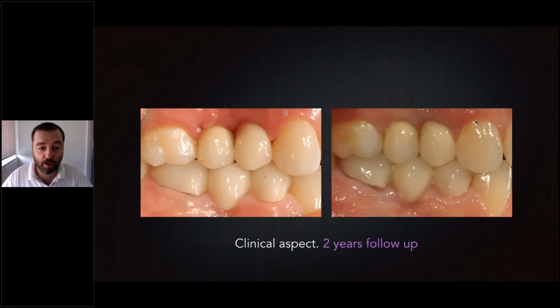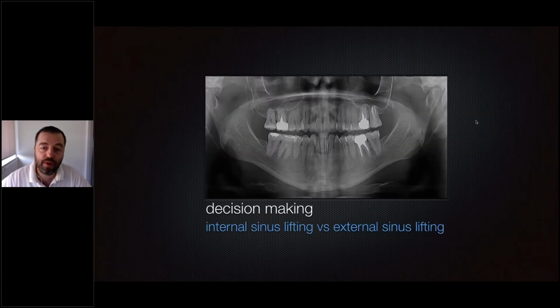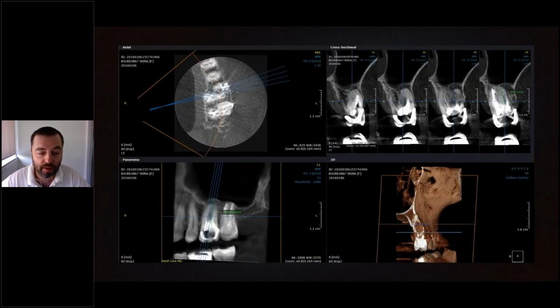Now, decision making nowadays: how can we be minimally invasive when it comes to raising the sinus membrane? So this is a case that we had with tooth 26 and 27. We had problems with 26 at the beginning, so it needed to be extracted. As you see, about 15 years old root treatment.